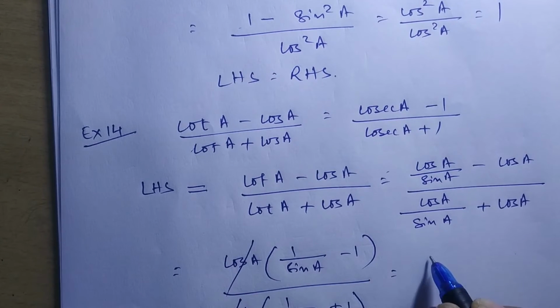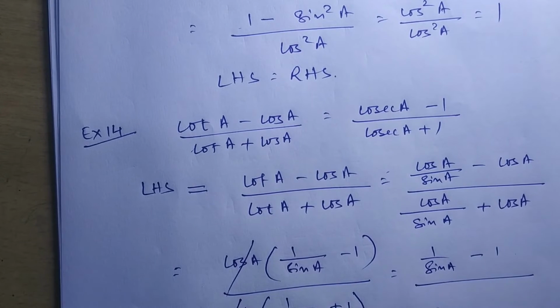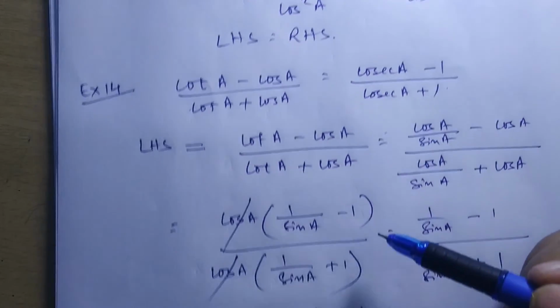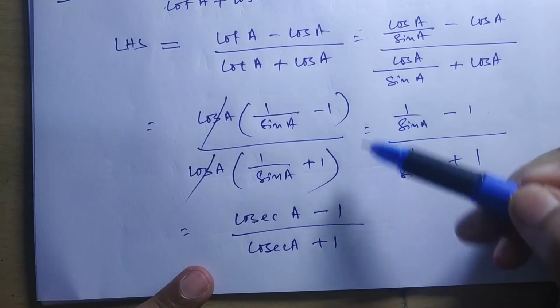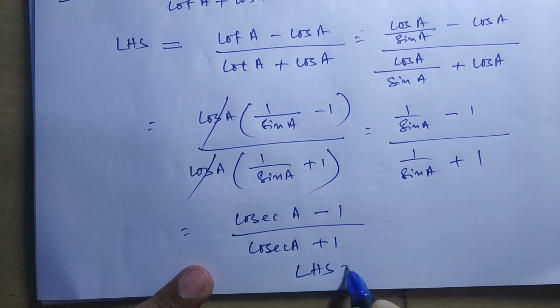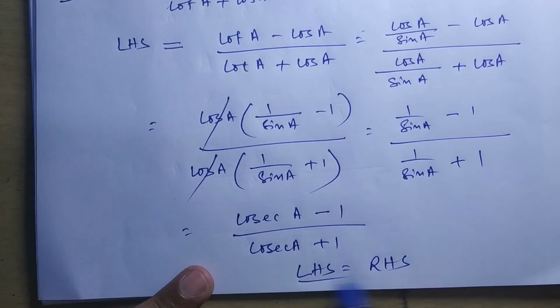So what do I have? 1 by sin A minus 1 by 1 by sin A plus 1. What is 1 by sin A? It is cosec A. Minus 1 and cosec A plus 1. So your LHS and RHS are the same. Yes or no? So what do you write? Therefore LHS is equal to RHS.